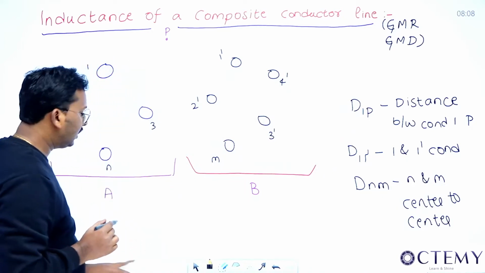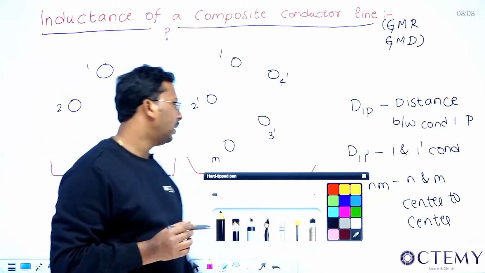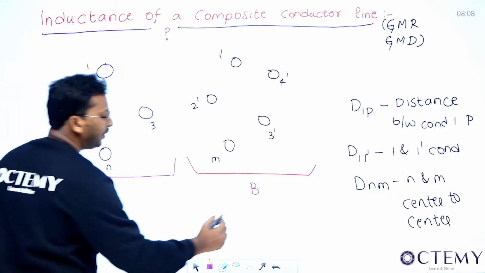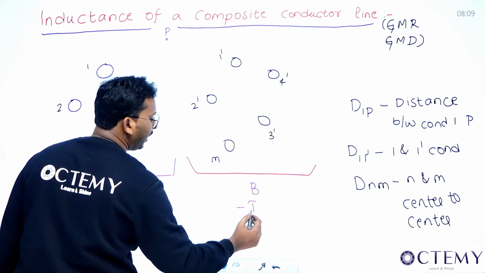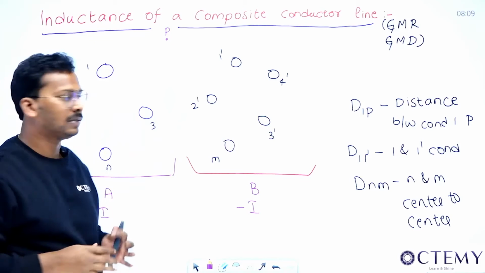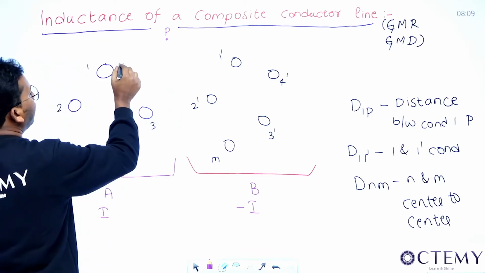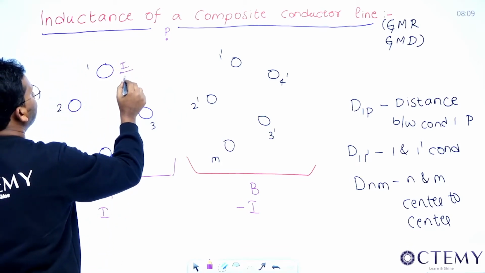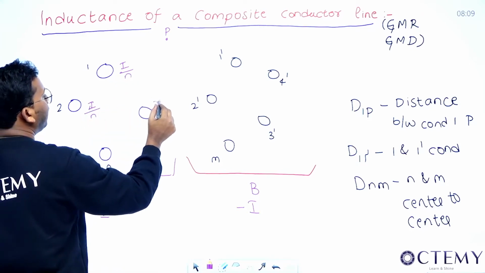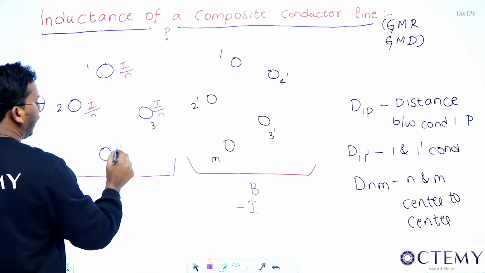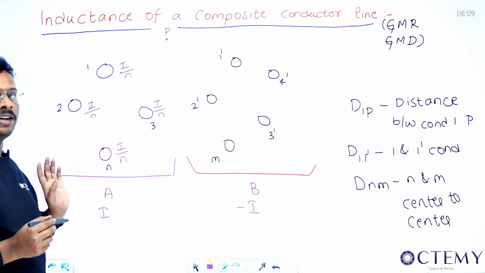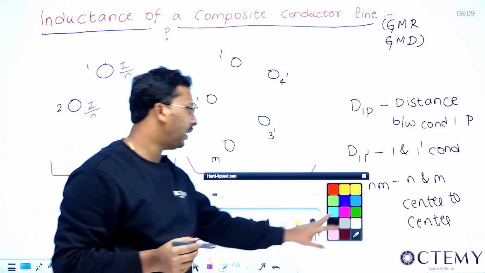Next, it's a single phase system. The current in this is say I, then the current in this will be minus I, because the current is entering like this and coming out like this. The assumption we take is that the current in each conductor is I by N, because there are N strands and all of them are in parallel.